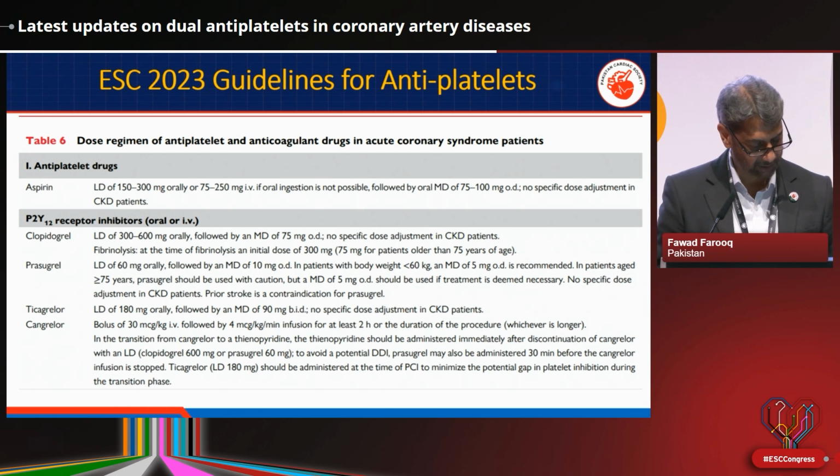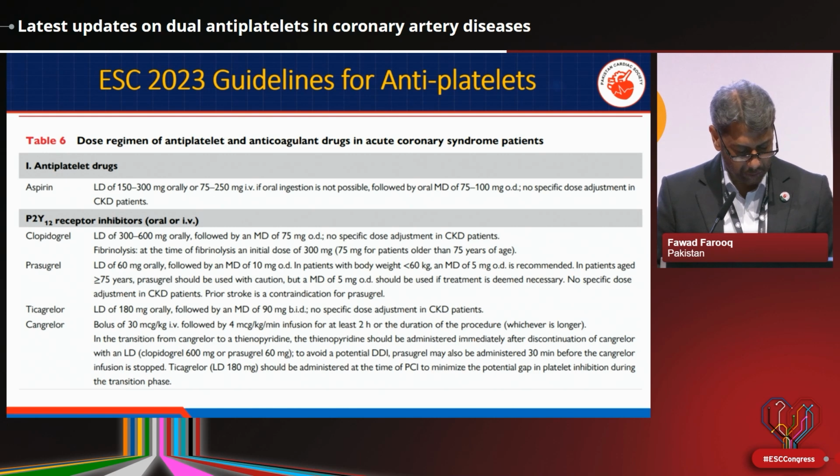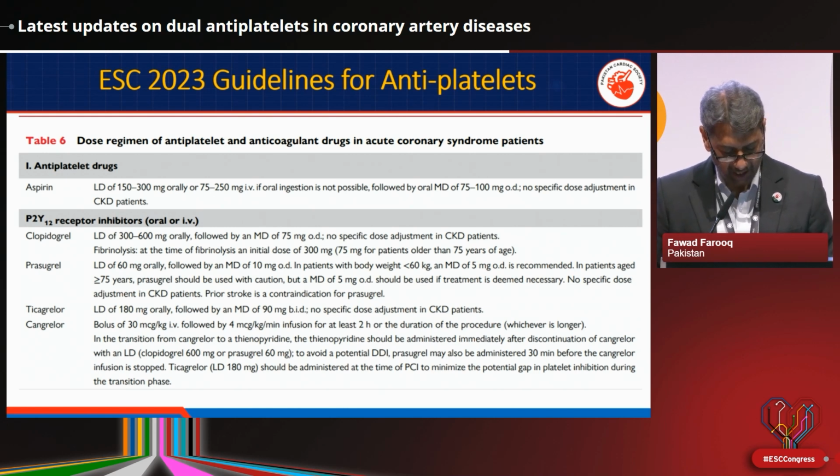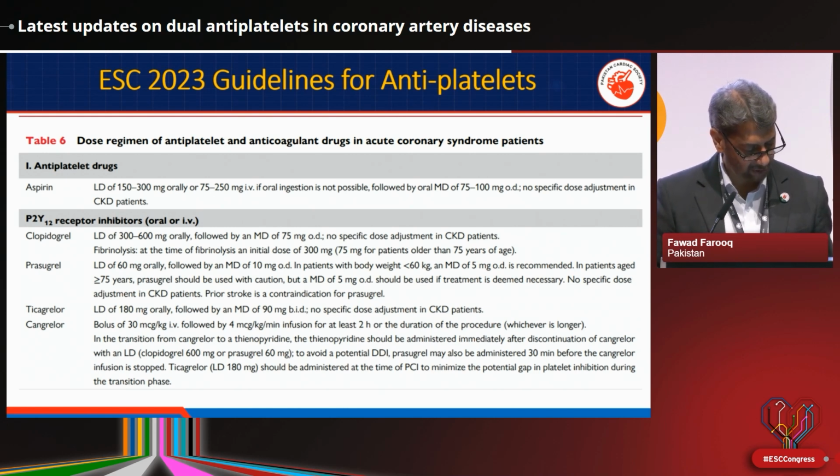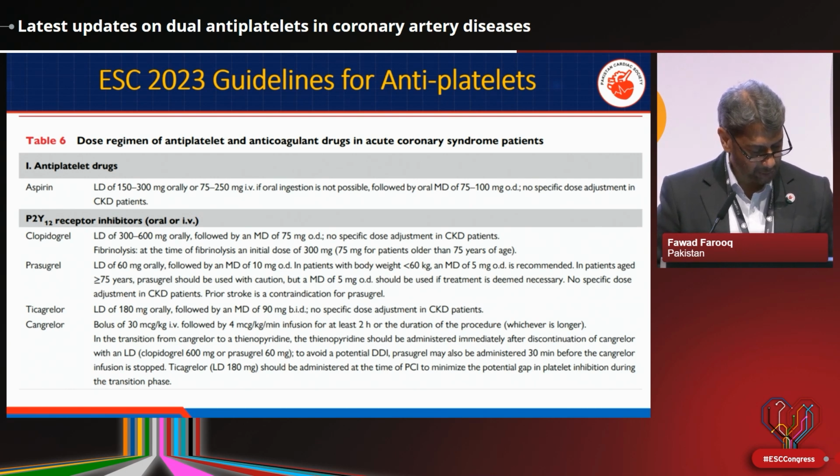In the transition from cangrelor to thienopyridine, the thienopyridine should be administered immediately after discontinuation of cangrelor, with a loading dose of 600 milligram clopidogrel or 60 milligram prasugrel, to avoid a potential drug-drug interaction.